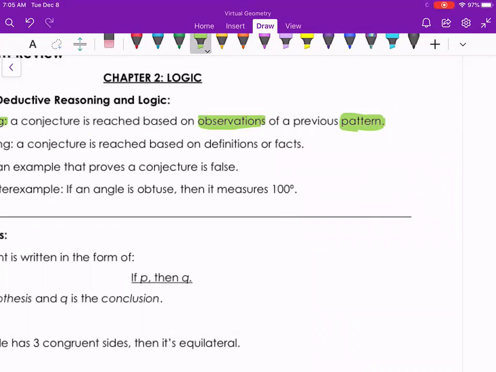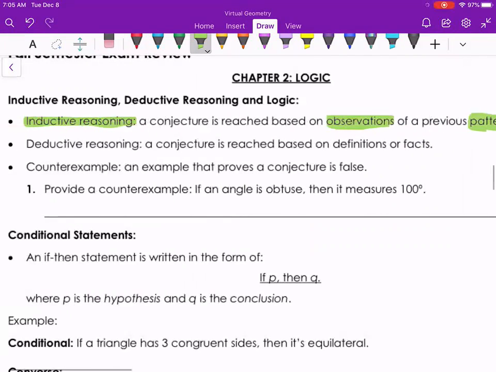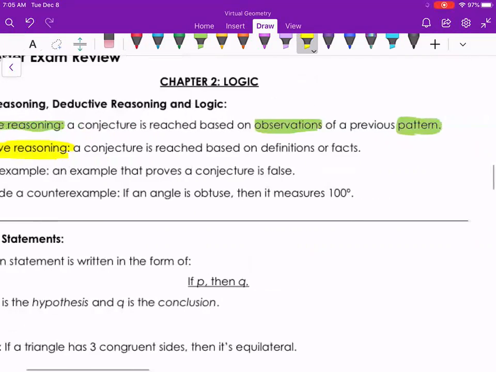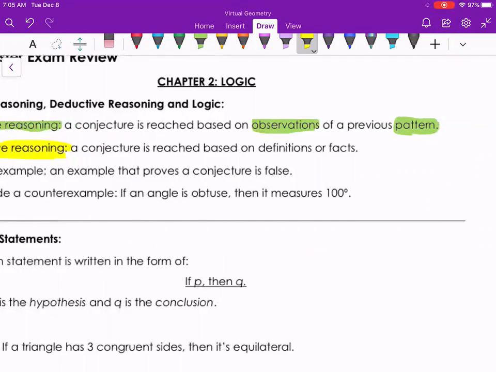Any kind of specific pattern that you can make off of a group of things, whether it's objects or numbers, things like that. And then we have deductive reasoning. Deductive reasoning is a conjecture that's based off of definitions. So is there a definition or a fact in the situation that you need to know prior to making that conjecture?